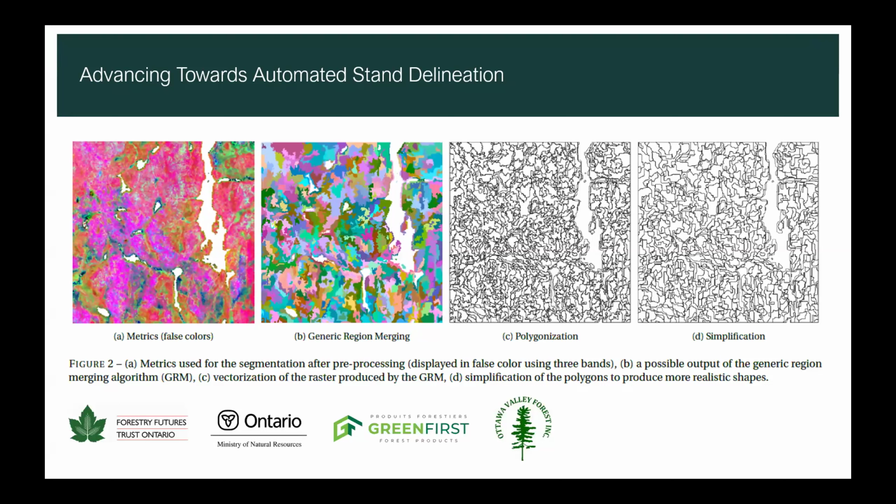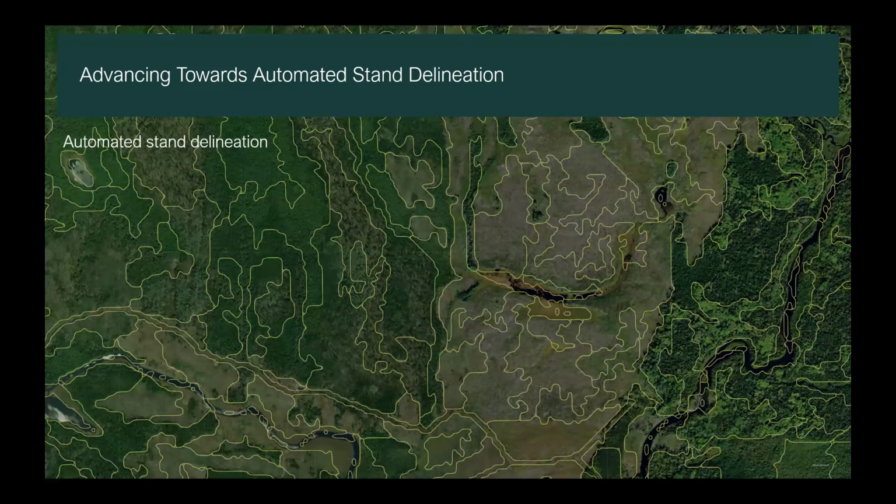We're using a generic region merging algorithm to create polygons, or areas that are homogeneous in terms of characteristics, and then polygonizing these regions to generate something like this. This is one of the latest versions of the product. It's an entirely automated stand delineation that was done based on LiDAR metrics.